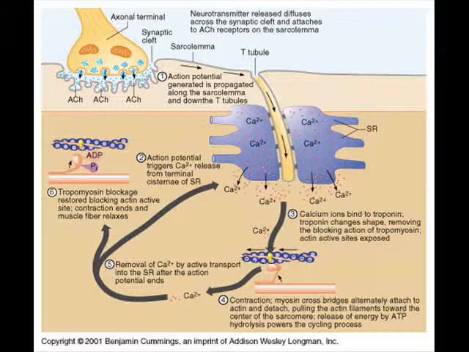The myosin binding site is exposed as troponin removes the blocking action of tropomyosin by changing shape. This causes the pulling of actin filaments towards the center of the sarcomere. Then active transport gets rid of the Ca2+ into the SR after the action potential. Overall, contraction ends, making the muscles rest as tropomyosin blockage of the myosin binding site is restored.